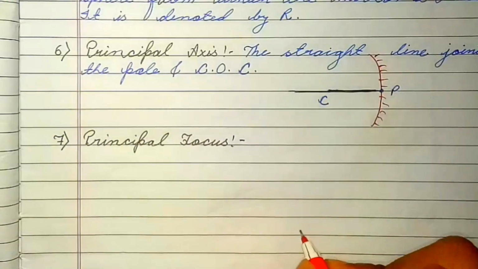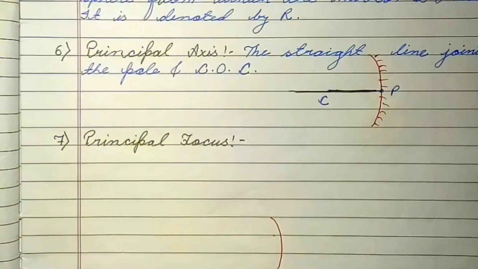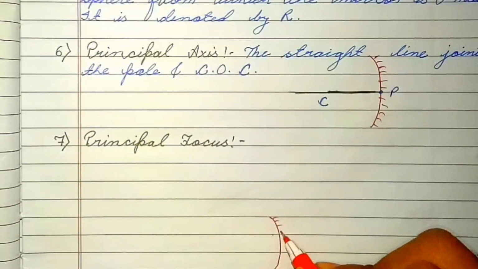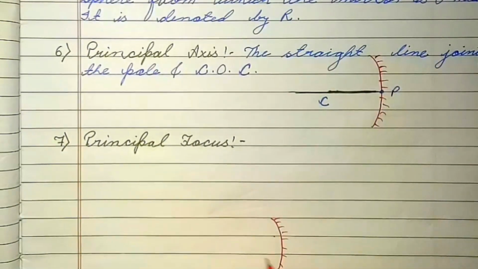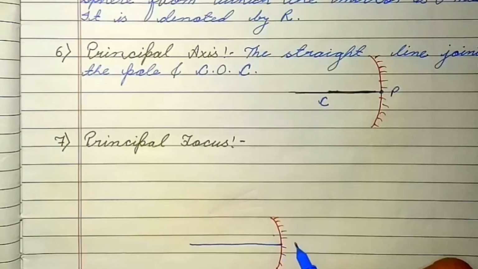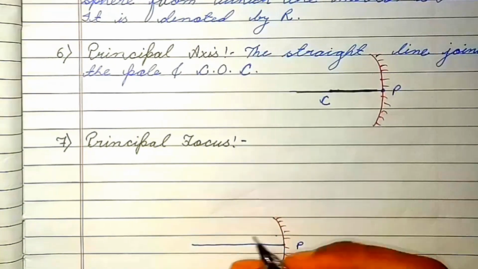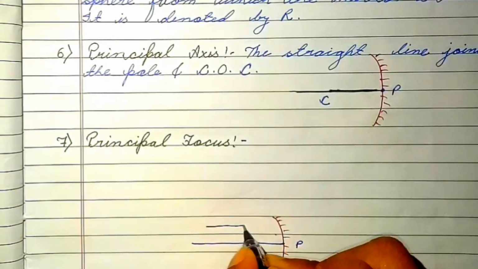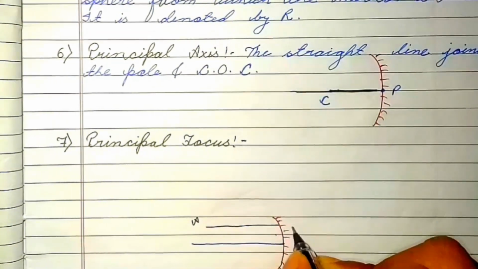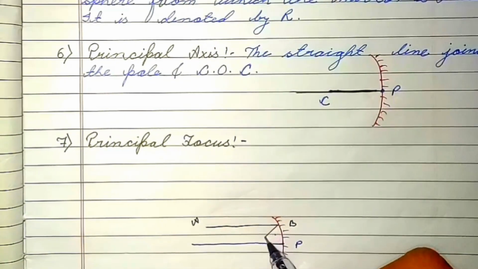So suppose that students, this is a mirror and this is the principal axis and this point is the pole. So students, consider a ray of light AB which is parallel to the principal axis, and after reflection it goes through this point.